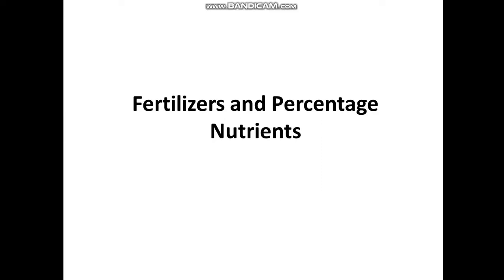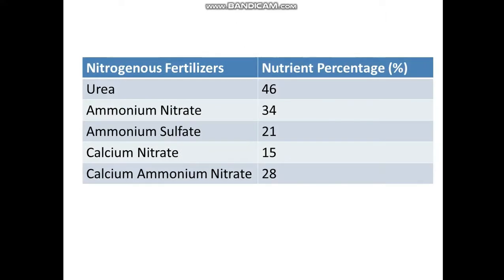We will go now to the fertilizers and percentage nutrient. We have nitrogenous fertilizer like urea with 46% nitrogen, ammonium nitrate 34% nitrogen, ammonium sulfate with 21% nitrogen, calcium nitrate with 15% nitrogen, calcium ammonium nitrate with 28% nitrogen.